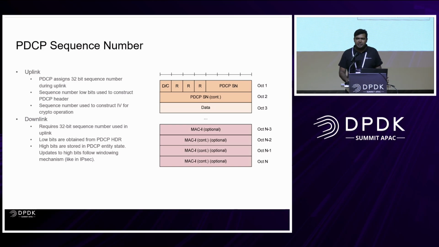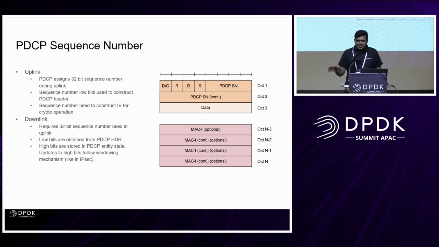The high bits are more like a state. The transmitting entity will have the high bits stored in its state, and the receiving entity will have to keep its own state to get back the original one. At the downlink or receiving side, the receiving entity will have to recover the original 32-bit sequence number.